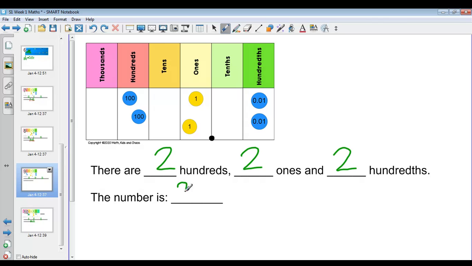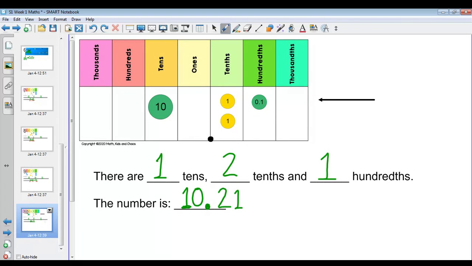I've got 200, no tens, 2 ones, no tenths, and 2 hundredths. So the number is actually 202.02, which represents my 2 hundreds, my 2 ones, and my 2 hundredths. Also be careful of that sound on the end there, haven't we?